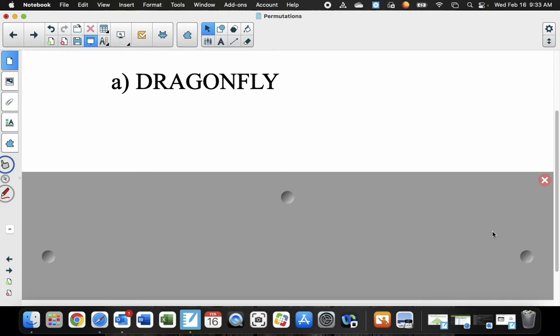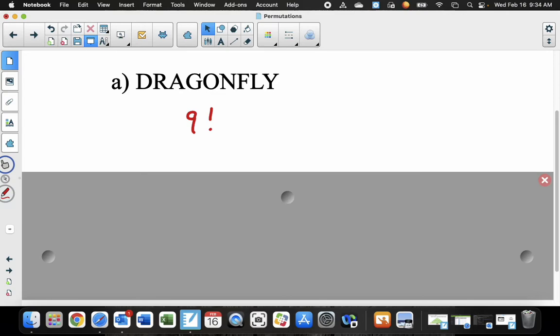How am I going to find this answer? What am I going to do? 9? 9, 8, yep, you have 9 different letters that you can choose from for the first spot, 8 for the second spot, 7, so it's really just 9 factorial. If you don't want to type in 9 times 8 times 7 times 6, remember, hit the math button on the calculator, and then arrow over to the probability menu at the top.